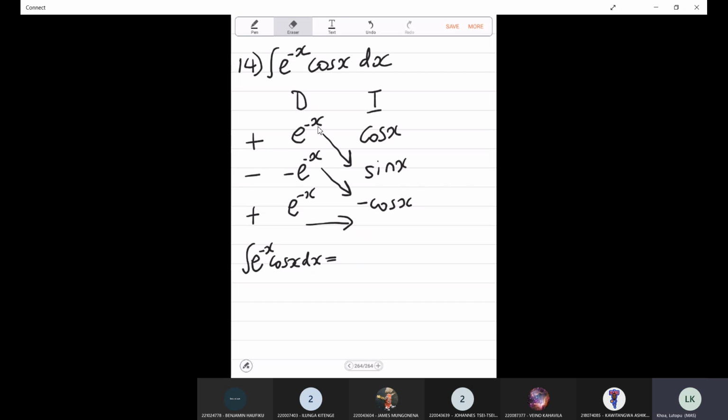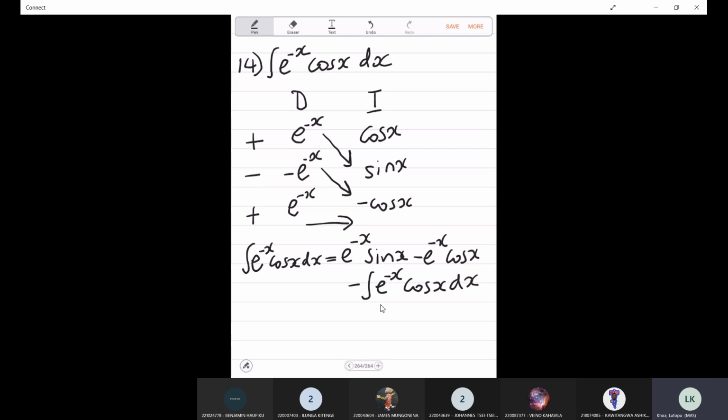Okay, so this is positive and positive, so it'll be positive e to the power of minus x sine x. And then the next one, I have negative, negative, negative. That will give me negative e to the power of minus x cos x. And then the last one is positive and negative. This gives me negative the integral of e to the power of minus x cos x dx.